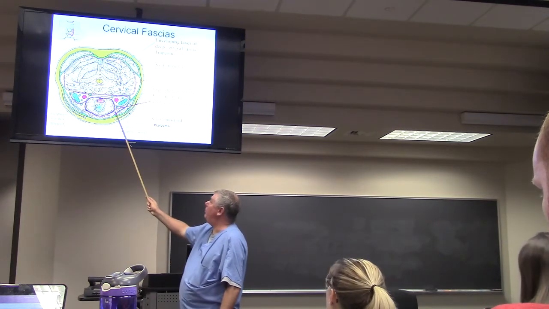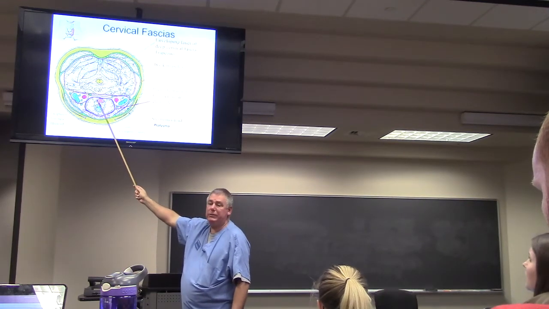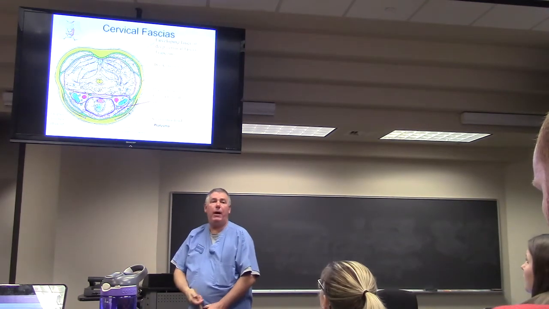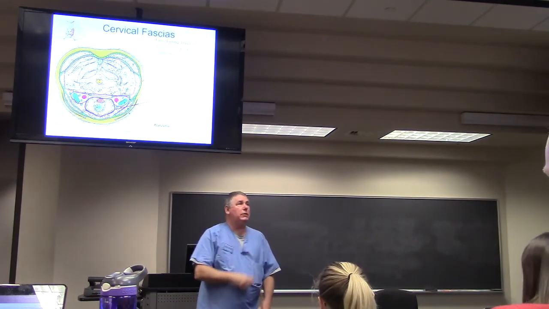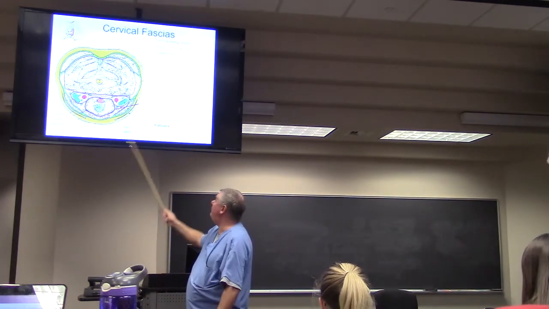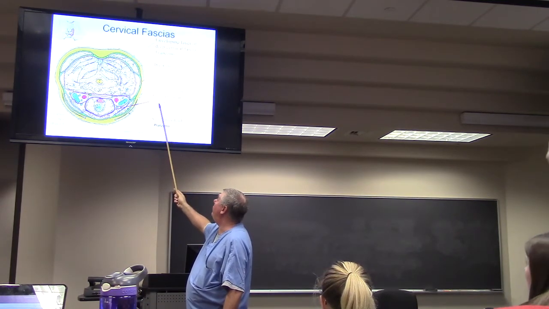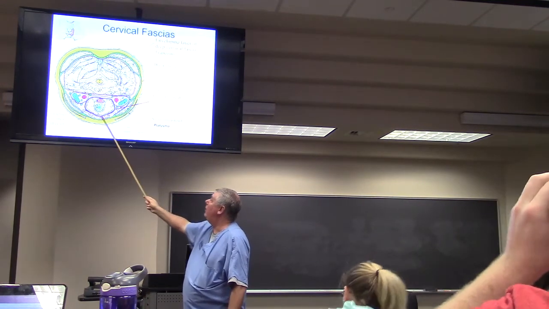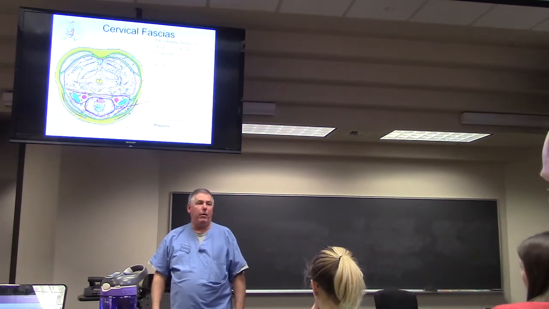There's also a fascial plane that covers the trachea, the esophagus, and down here at the bottom, the thyroid gland. This is called the buccopharyngeal fascia, or the pretracheal fascia. There's the trachea right there, pretracheal or buccopharyngeal.